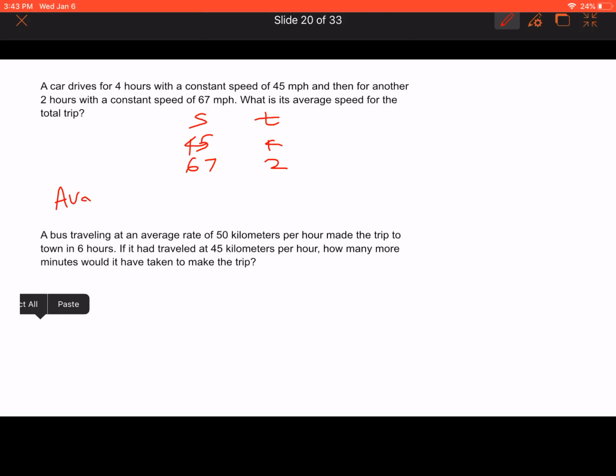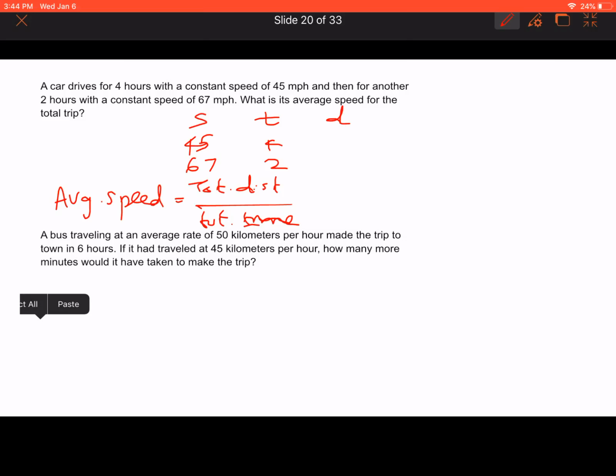Actually, average speed is equal to the total distance covered in both the travel, and then we have to divide it by total time taken for the travel.